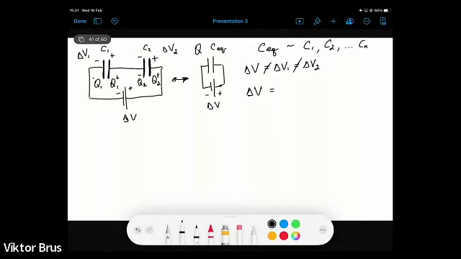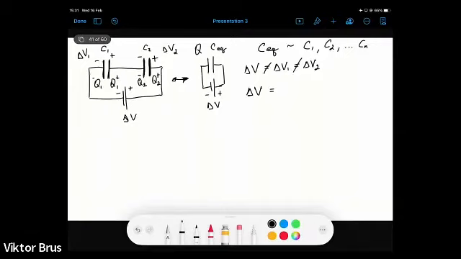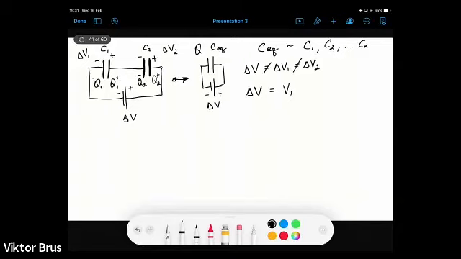It's just delta V1 plus delta V2. Yes, exactly, you are right. The 1 over form we will come to later, but that will be a bit different story.